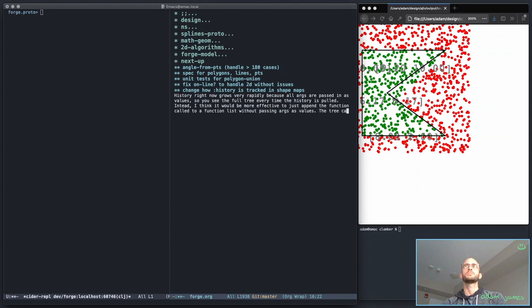The tree can be rebuilt later. Does that make sense?